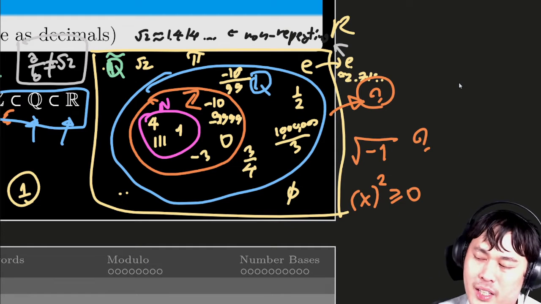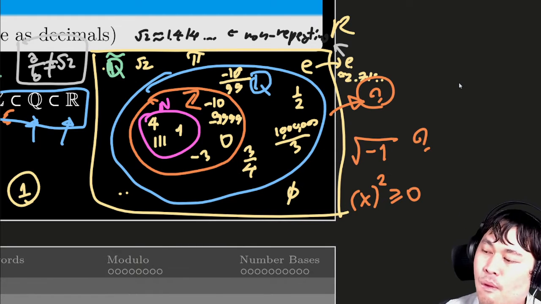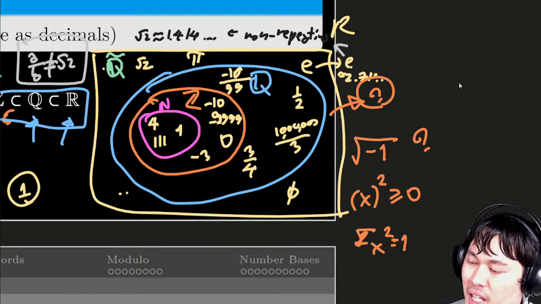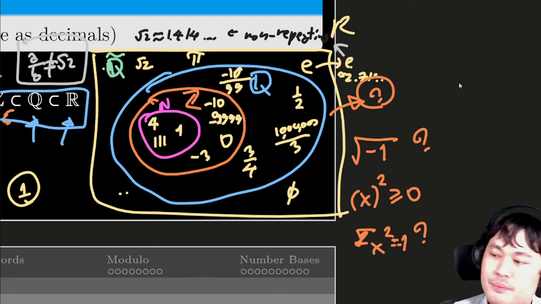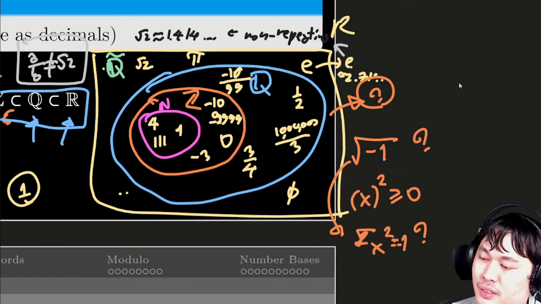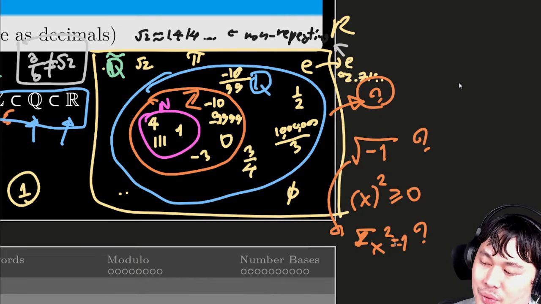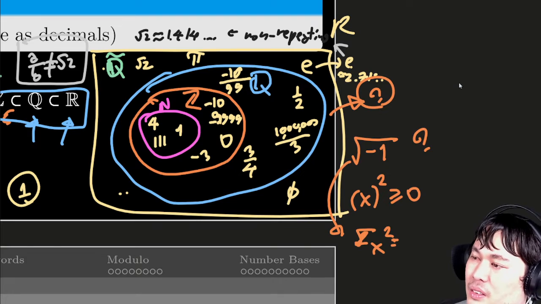So it's never negative. There is no such number that you can square and get -1. If that number existed, then its square must be -1. But there's no such number.